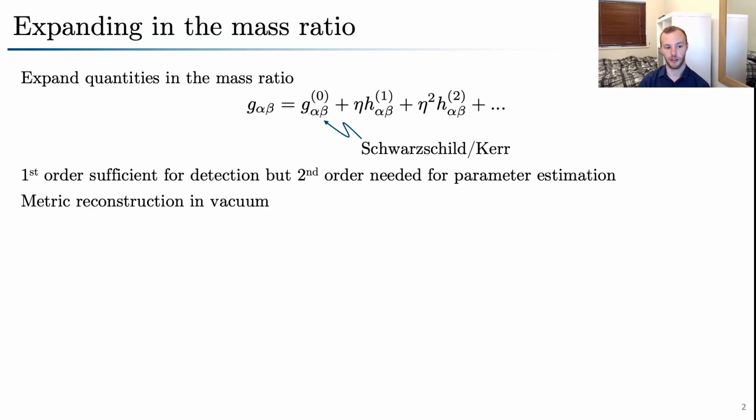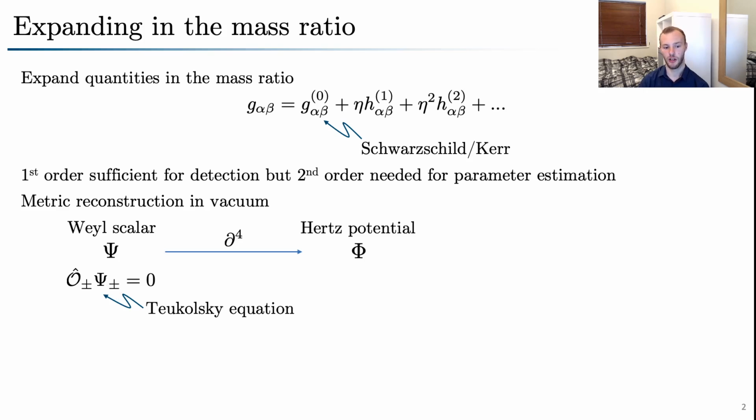Now I'm going to talk about how we calculate these with metric reconstruction. First we start off with a Weyl scalar, which is a curvature scalar, so it describes the curvature of the spacetime. This solves the Teukolsky equation, and this can be done for spin plus or minus 2, hence the plus and minus here. Once we have this solution, we can take a 4th order derivative in an operator and get to the Hertz potential.